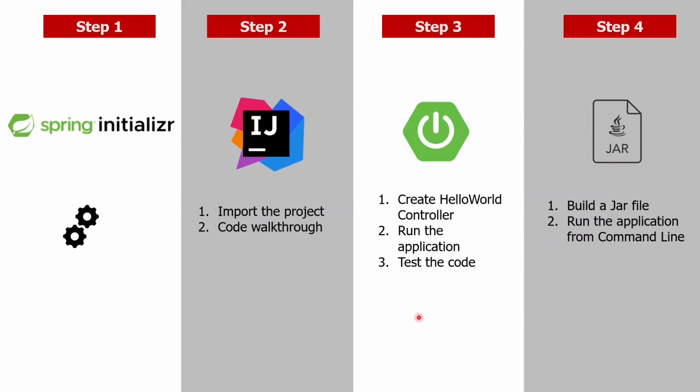Then in step 3, we will create our own controller for a Hello World application. Then run the application and test our code within IntelliJ IDEA. Once it is done, we will also see how to build a jar file and run the application from the command line, because your application in production would run from the jar. So that's why this step would be important. So let's look at the code now.